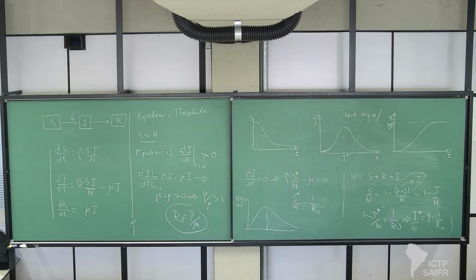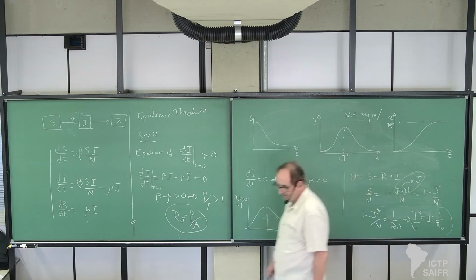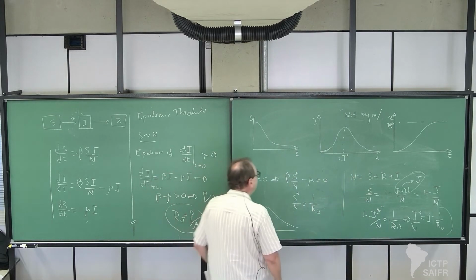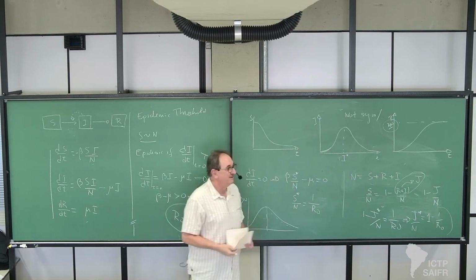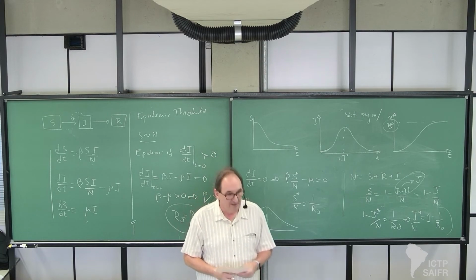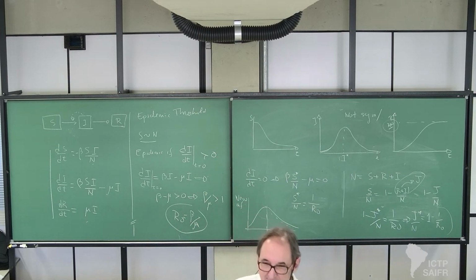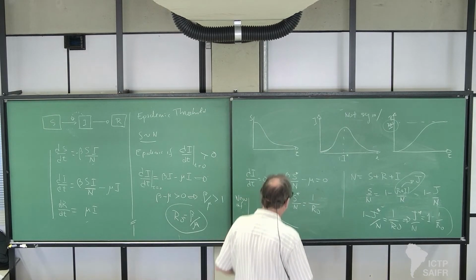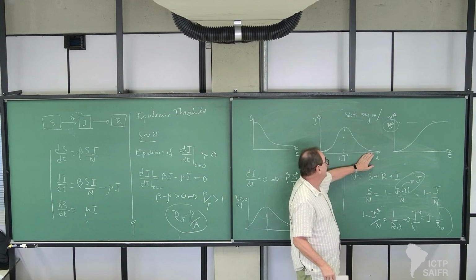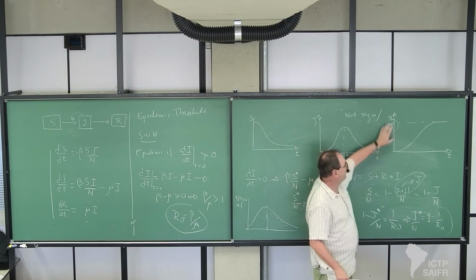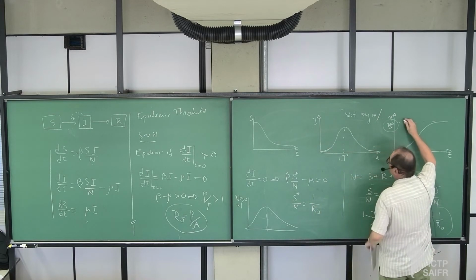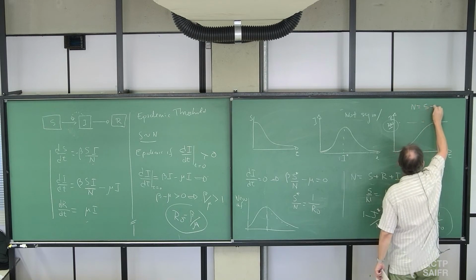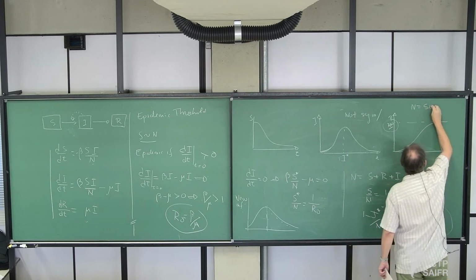So one thing that is interesting to calculate here is, can we calculate the R at infinity, which is called the final size of the epidemic? Because at the end of the epidemic, when I goes to 0, you will have some R infinity. And so you have N equal to S plus R at infinite time.